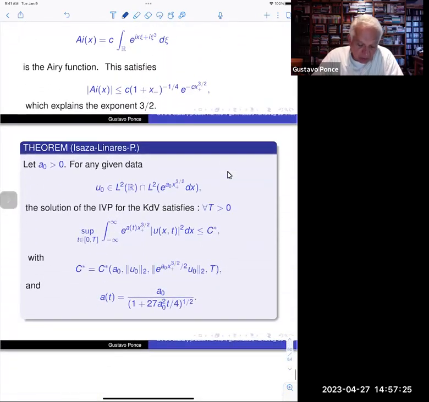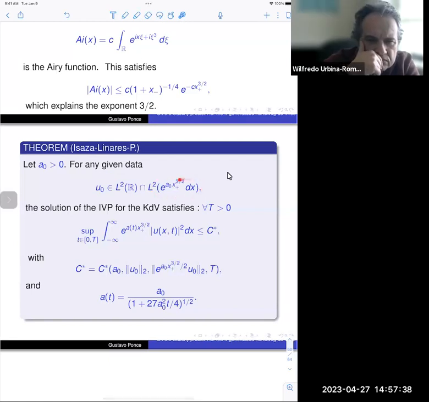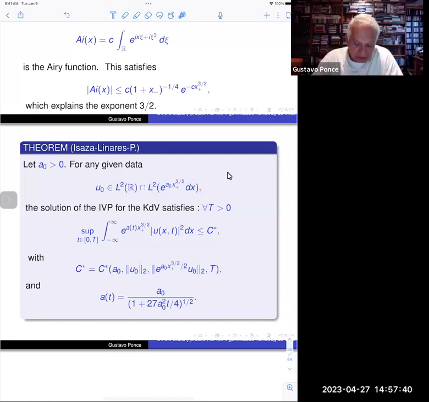Well, this is a result with Isaza and Linares that we proved the following. Suppose that you have a solution of the KdV that initially is in L2 with this weight. Then you can prove that at a later time it also decays with this power, but this coefficient here deteriorates with time.